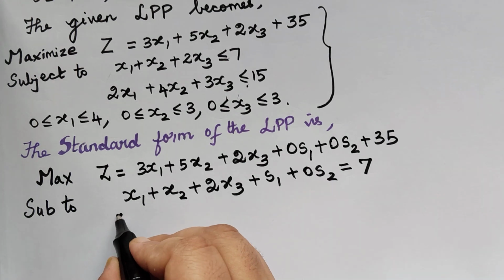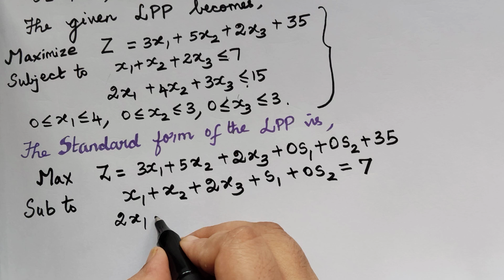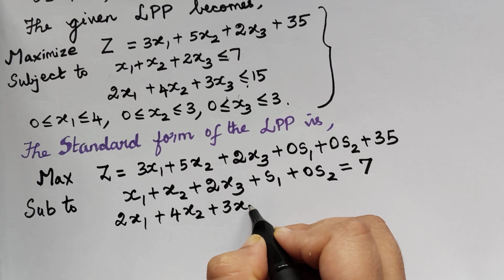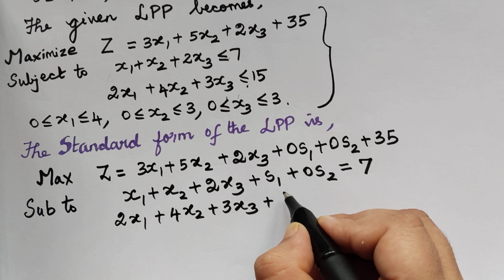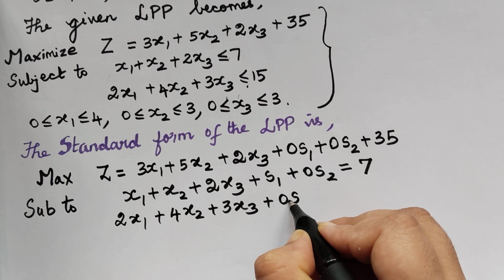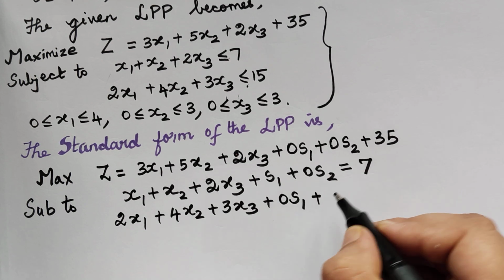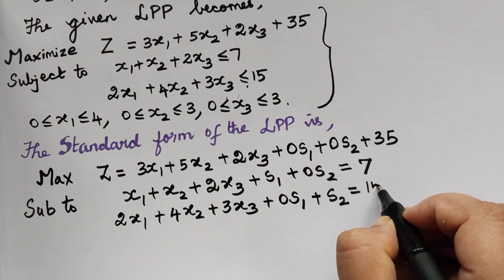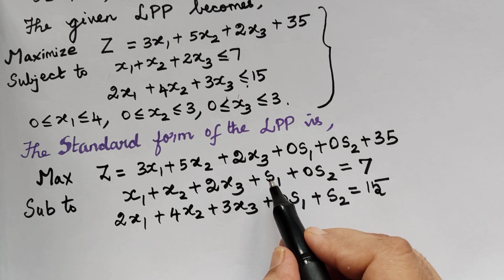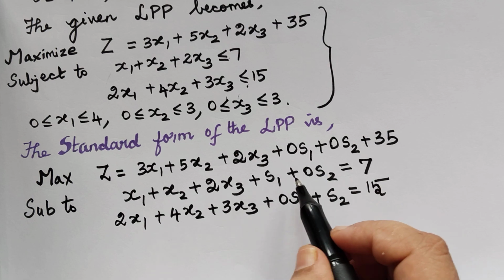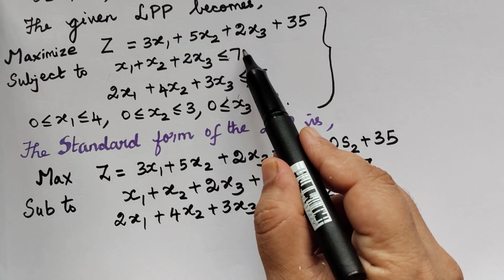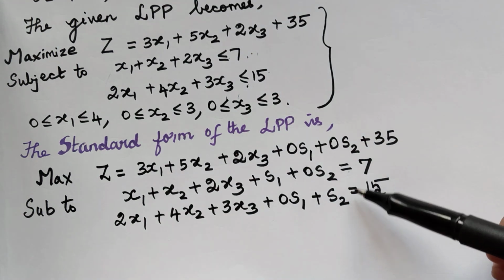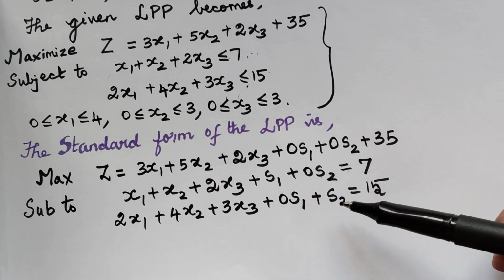In the second constraint, 2x1 plus 4x2 plus 3x3, and s1 is added with coefficient 0 and s2 with coefficient 1, and that is equal to 15, in order to form the matrix 1 0 0 1. So we have converted the inequality constraints to equality constraints by adding the slack variables.